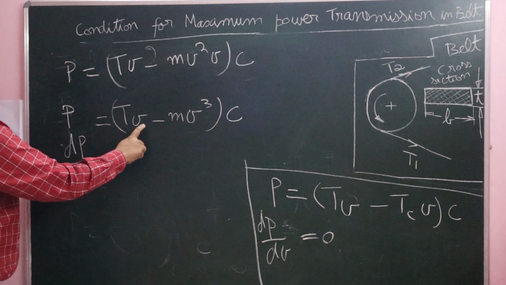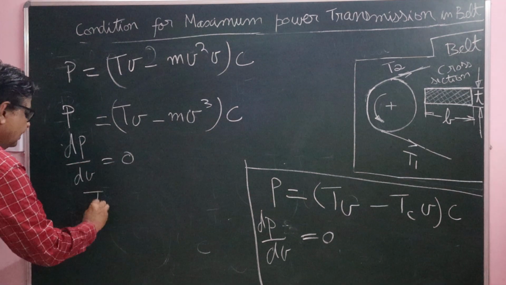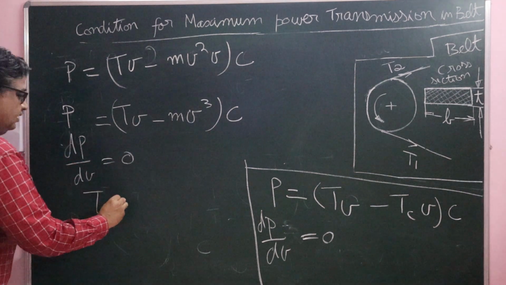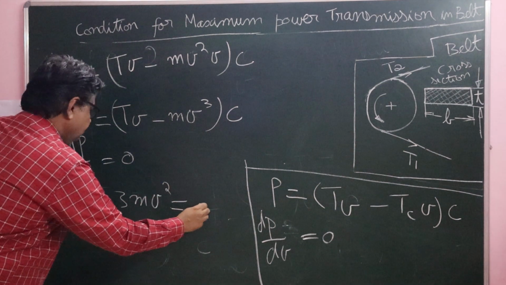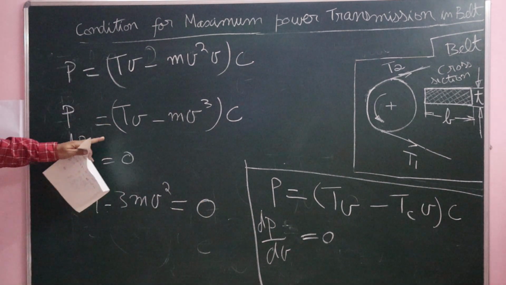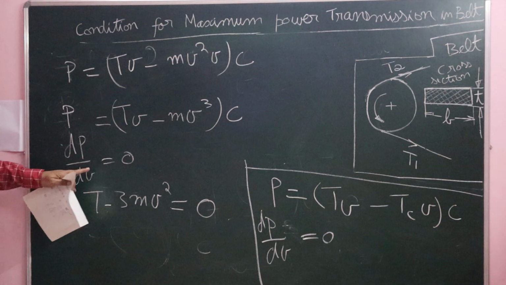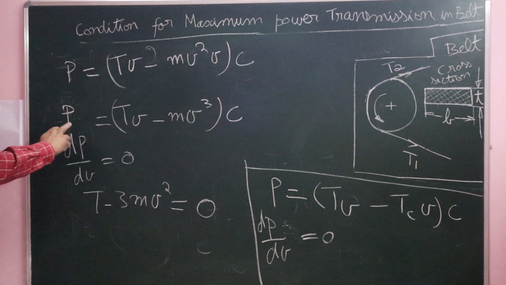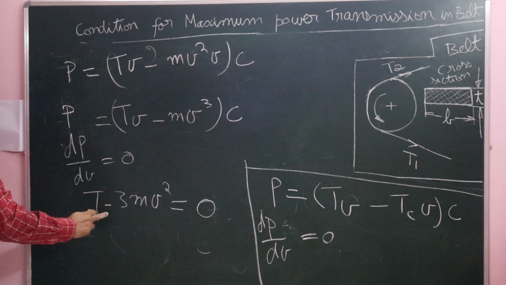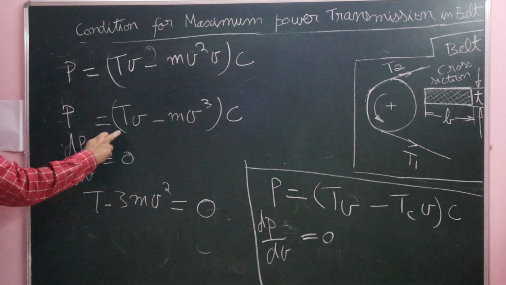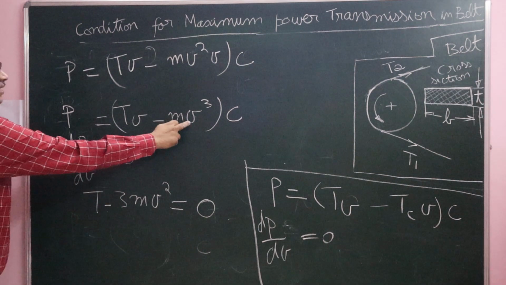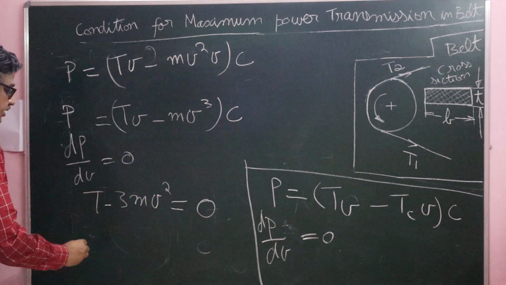If you differentiate this with respect to V, it becomes T minus 3 m v square equal to 0.